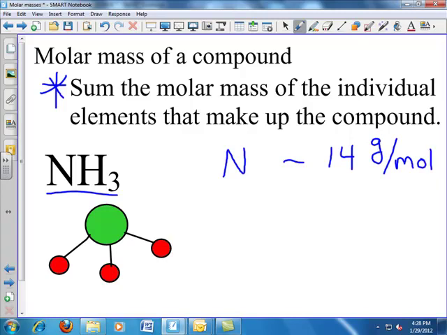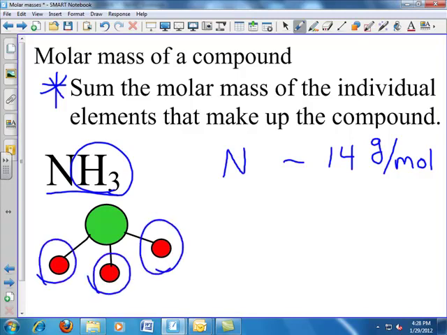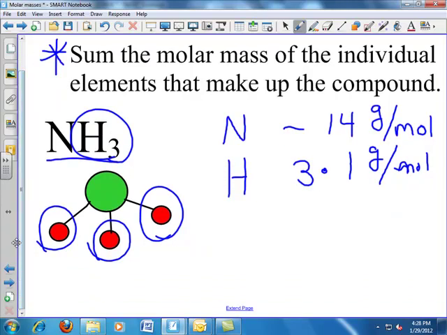Now, hydrogen, we have 3 of. We have 1, 2, 3 hydrogens. So with the hydrogens, there are 3 of them, each with a molar mass of 1 gram per mole. So that means there's a total with this hydrogen of 3 grams per mole.